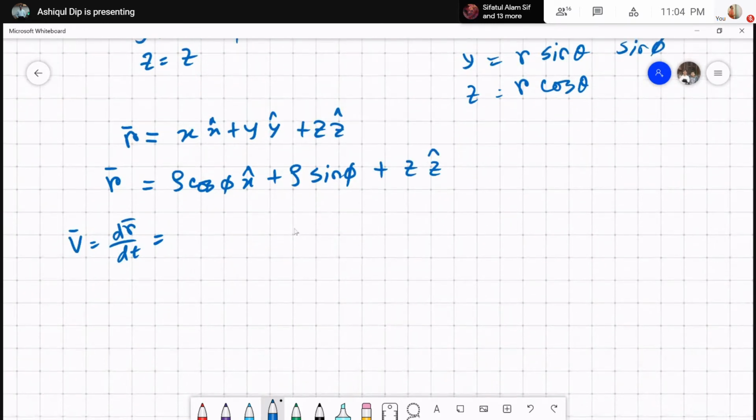There is a y hat missing, rho sine phi. Yeah, thank you. So if we take the derivative with respect to t, we have to use the product rule, right? So it gives us rho dot cosine phi plus rho phi dot sine phi, actually it should be minus, right?